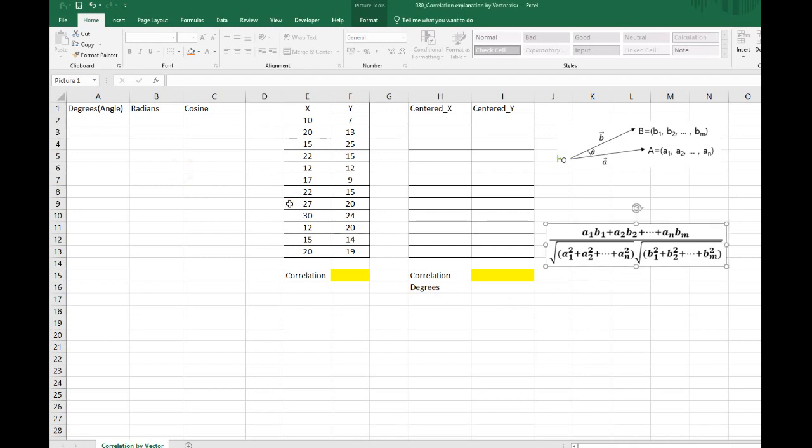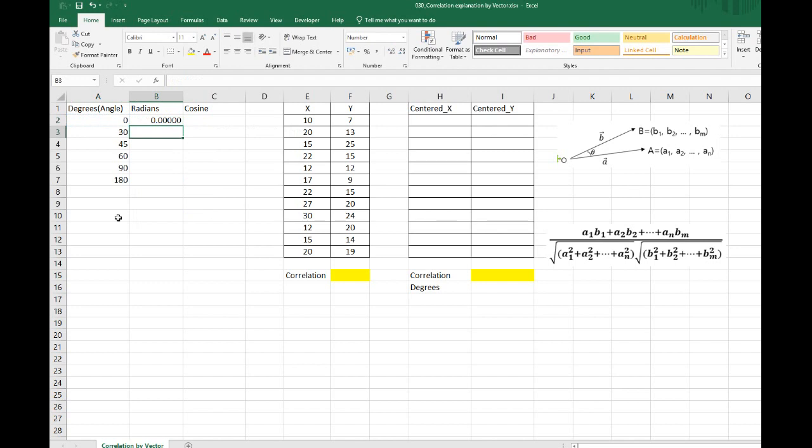Okay, let's practice basic Excel functions first to convert degrees to cosine and cosine to degrees. So for example, 0 degrees, 30 degrees, 45 degrees, 60 degrees, 90 degrees, 180 degrees. We can use the RADIANS function.